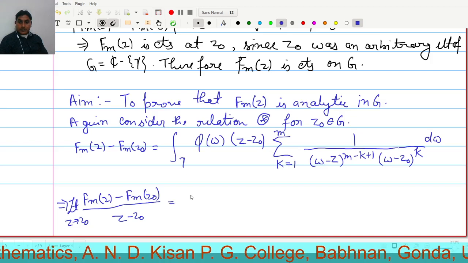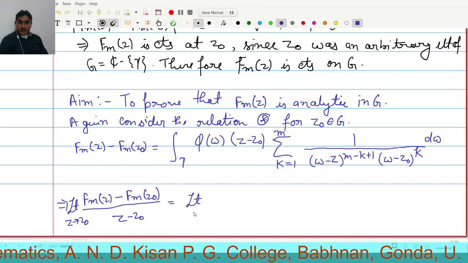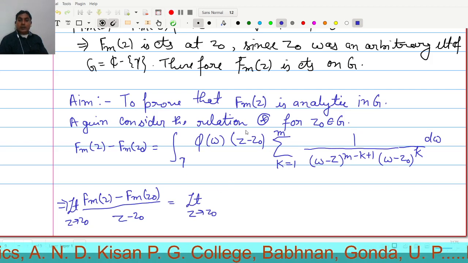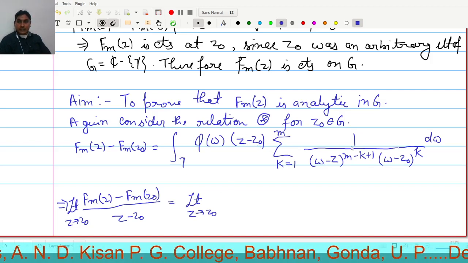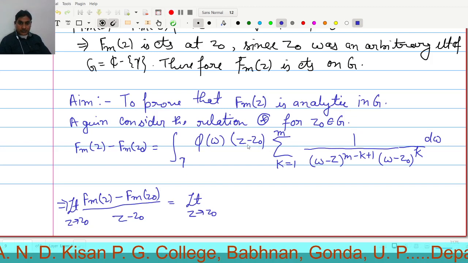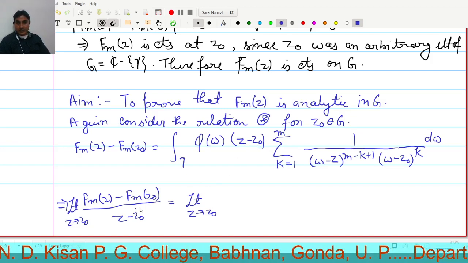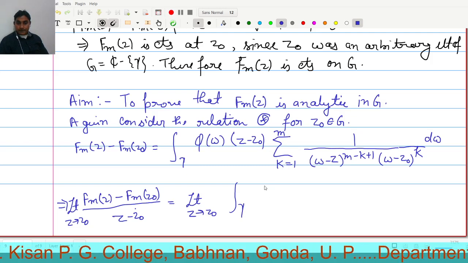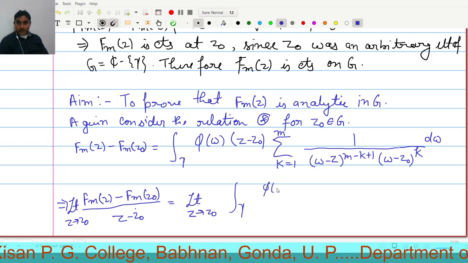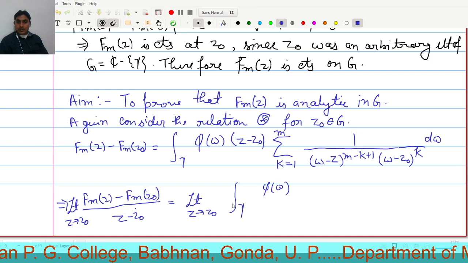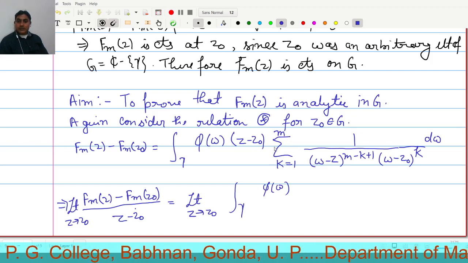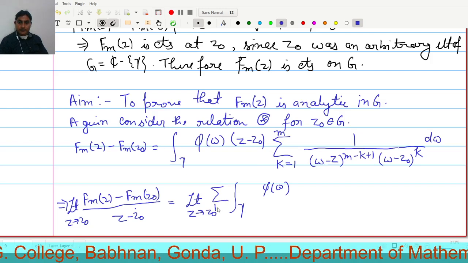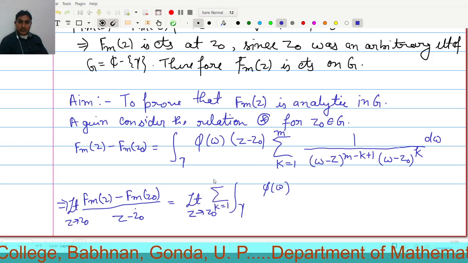So this is equal to limit z tending to z₀, and because z minus z₀ is independent of w, that's why this thing is taken here. So now we have integral over gamma phi of w and summation, because it is a finite summation, so summation can be taken out also because it is a finite summation.